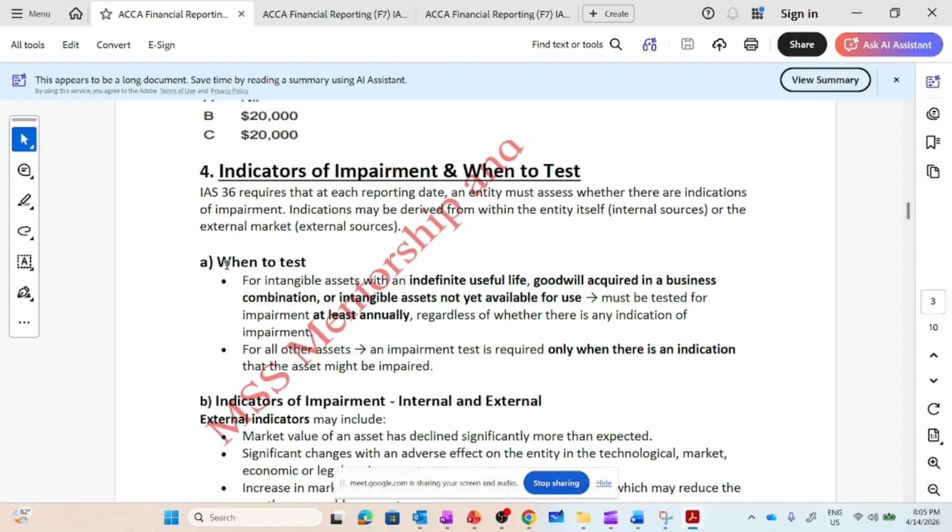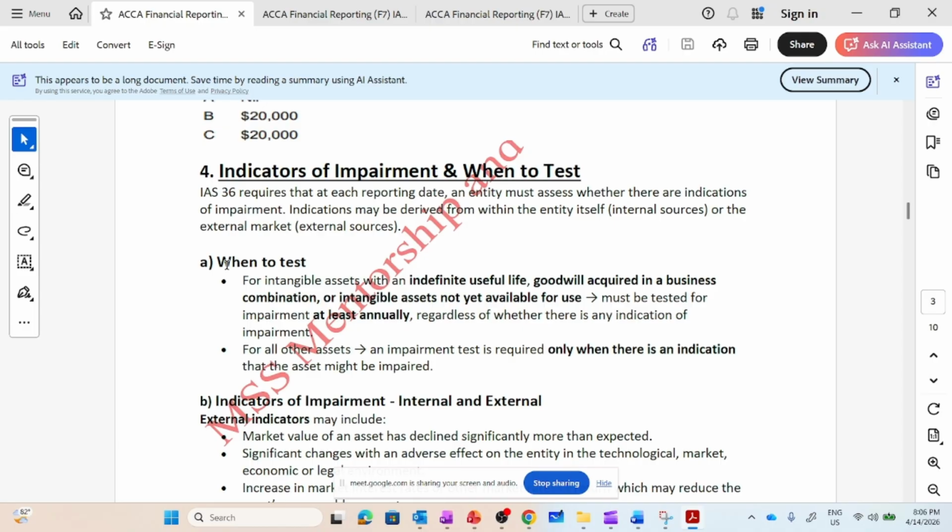It is a must. We should test these categories of assets for impairment on an annual basis, whether there's an indicator of impairment or not. We are not going to wait for any indicator, but we are going to do impairment tests at least annually, regardless of the situation.